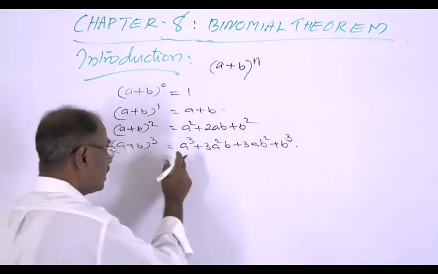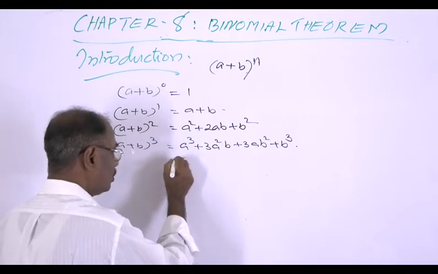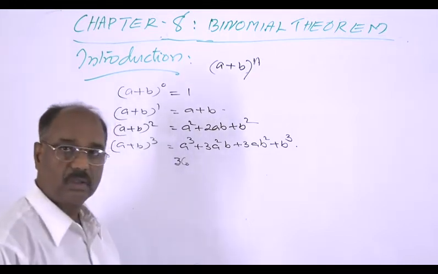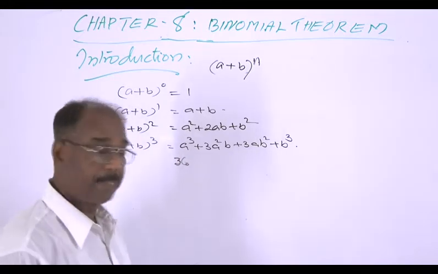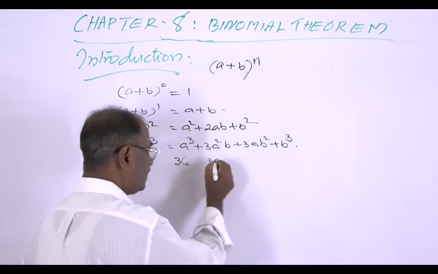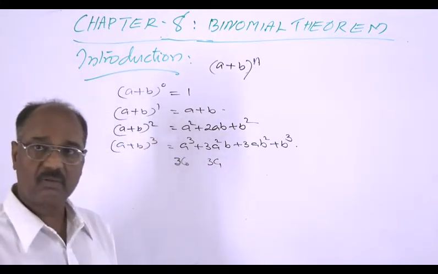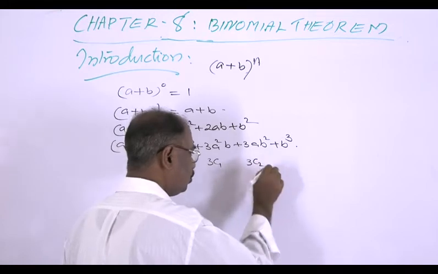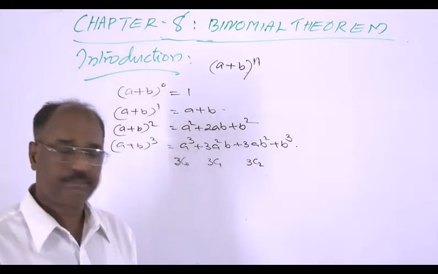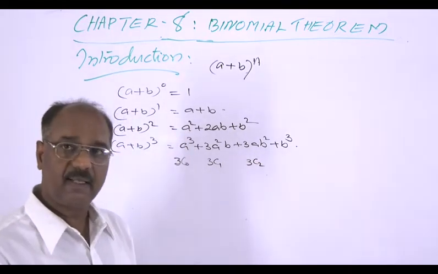And these can be written as 3C0. See combination, 3C0 is 1. This is 3C1, which is 3. This is 3C2, again 3.